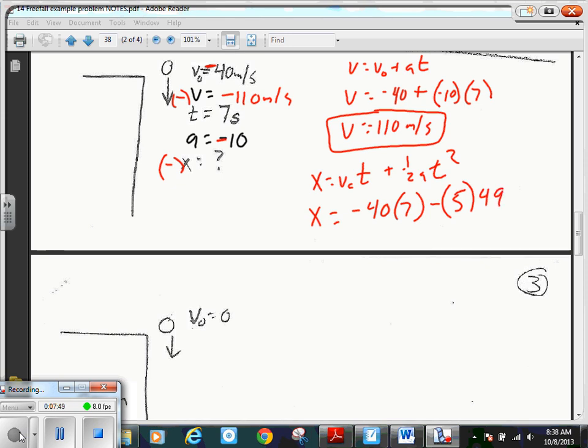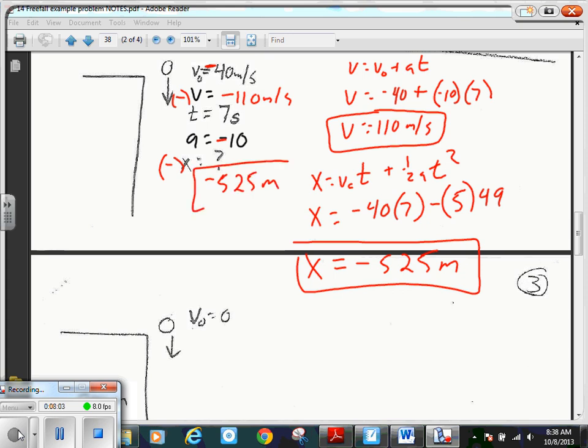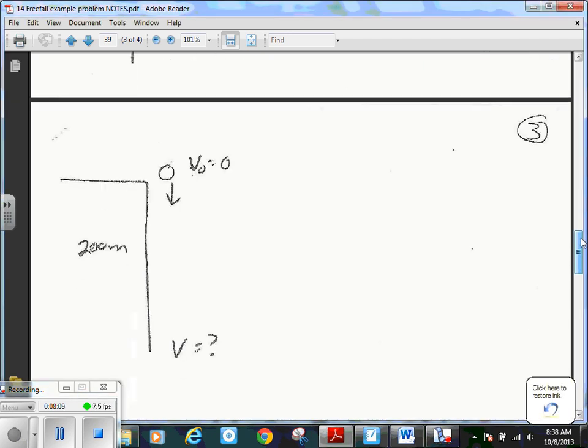Okay, so our displacement in that case is going to be negative 525 meters. And that is the correct answer. Okay, so that one was easy. So let's go on to the next one then.